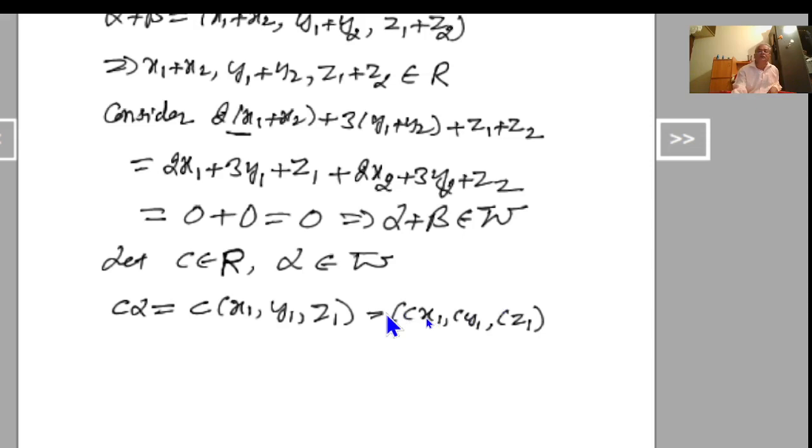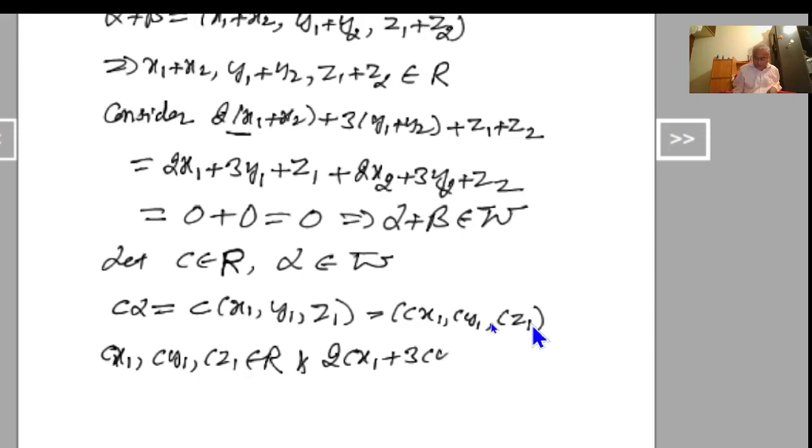Now here C belongs to R, x1, y1, z1 also belong to R. Therefore Cx1, Cy1, Cz1 belong to R. And consider 2 into Cx1 plus 3 into Cy1 plus Cz1.